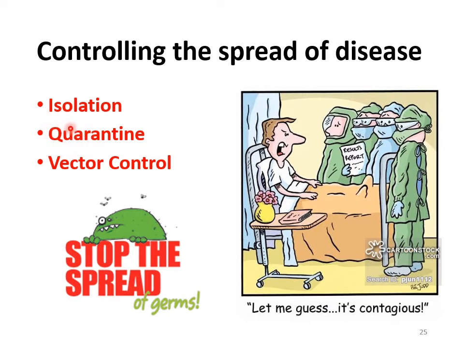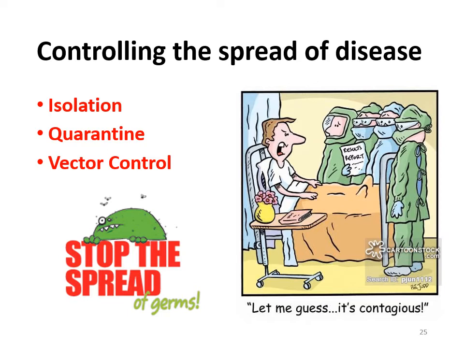Quarantine starts with qua, just like quantity, okay? Because in a quarantine, you are now separating a quantity of people. You are separating all of the healthy individuals who had contact with the sick person and may now be infected, but in the incubation stage and not showing symptoms.